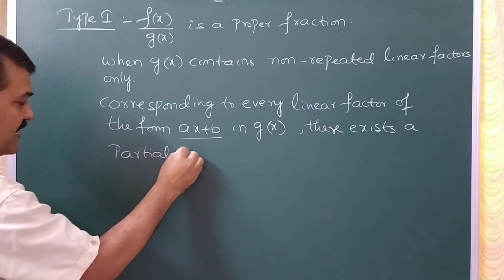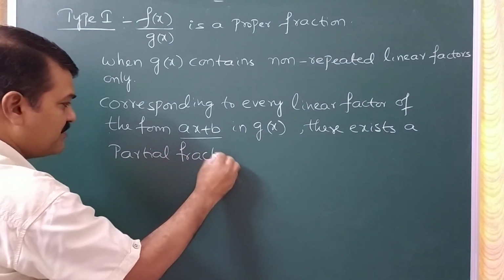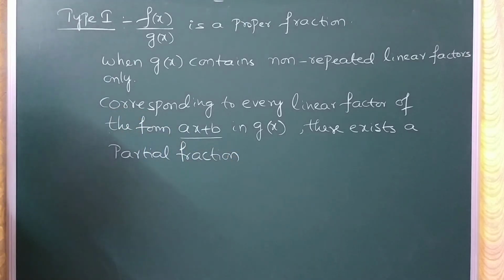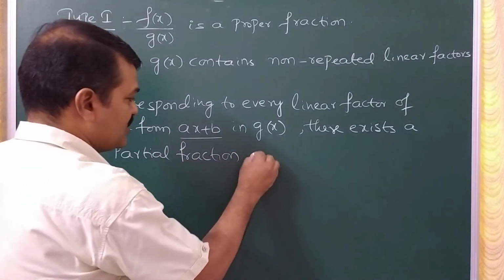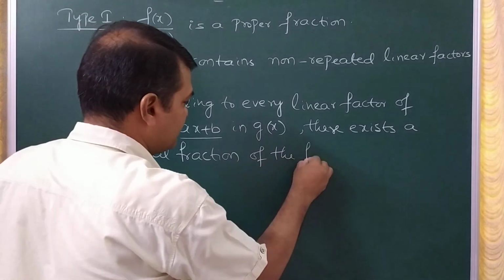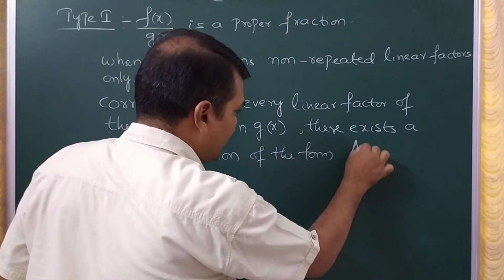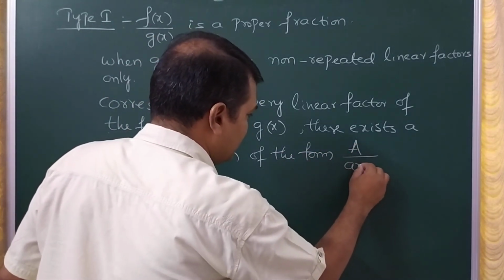There exists a partial fraction means that must be a proper fraction only. So there exists a partial fraction of the form A by ax plus b.